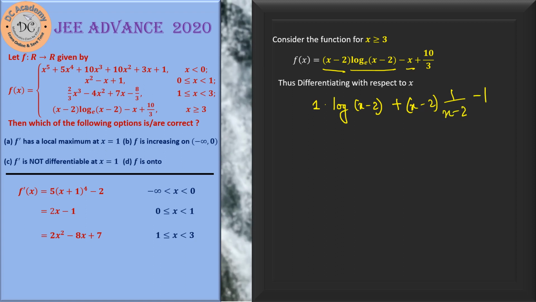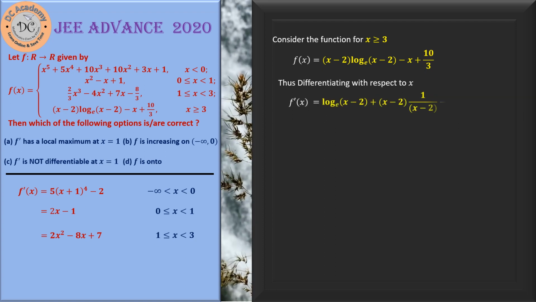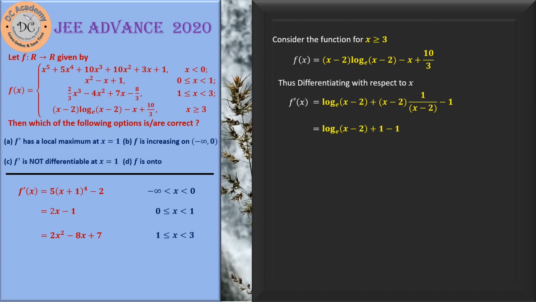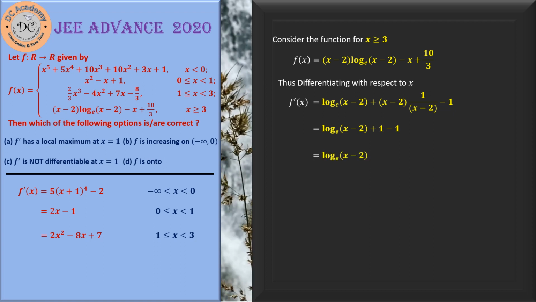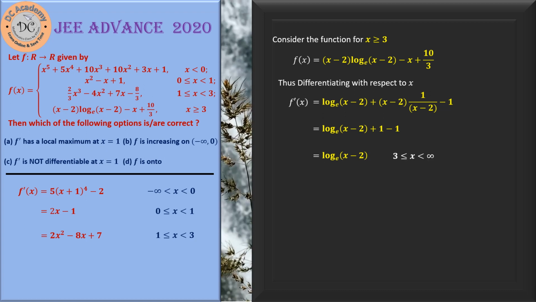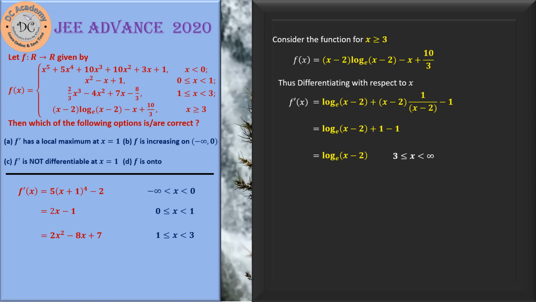Minus 1 for the x, and 10/3 will be omitted. So we rewrite f'(x) directly. Hence f'(x) will be log(x minus 2) plus 1 minus 1, which gives log(x minus 2), and that's it. So we find that if x lies between 3 and infinity, this is f'(x).